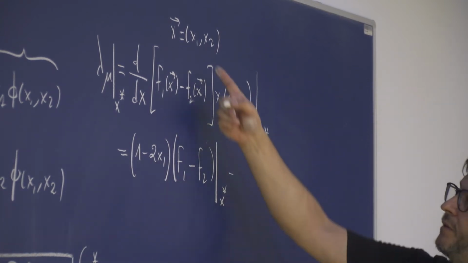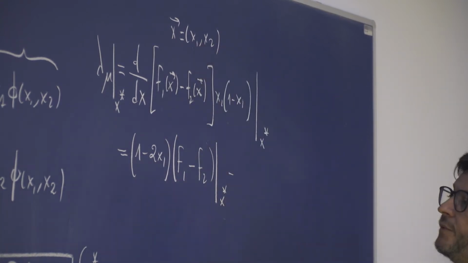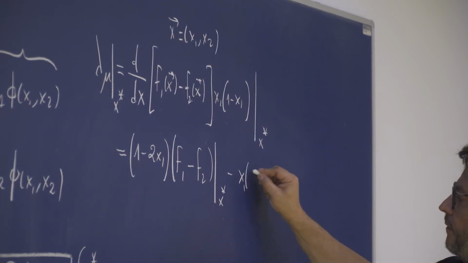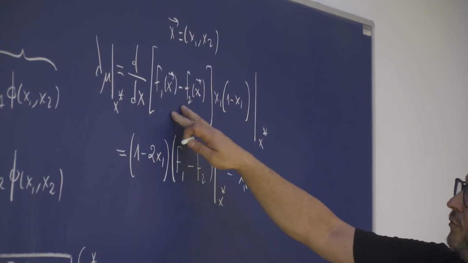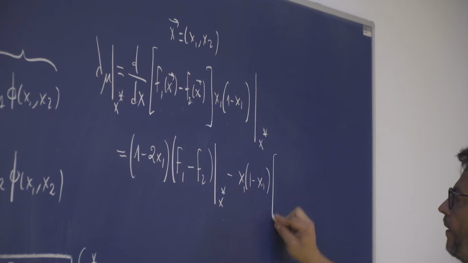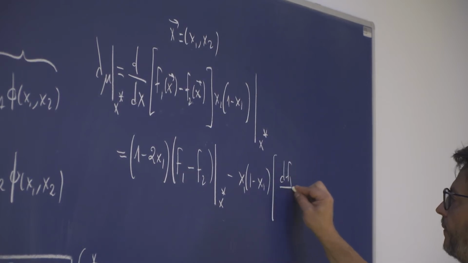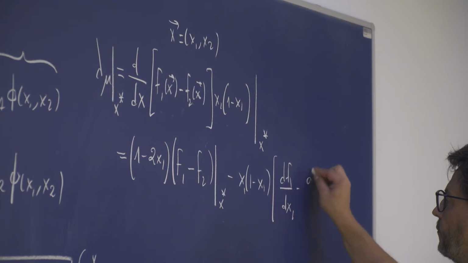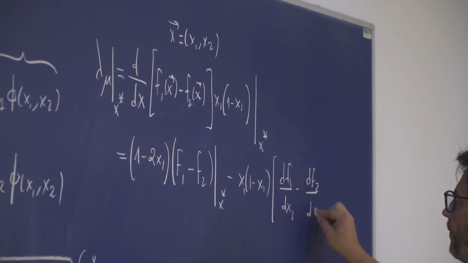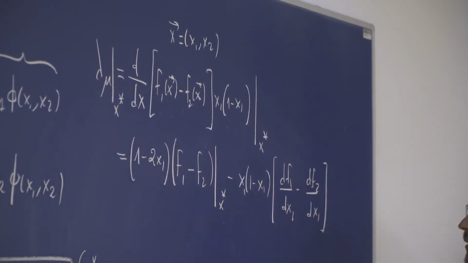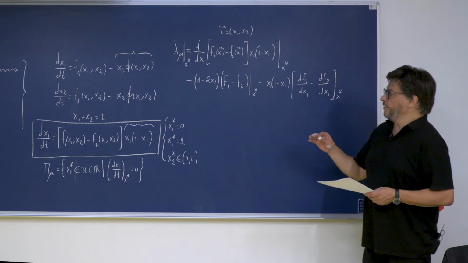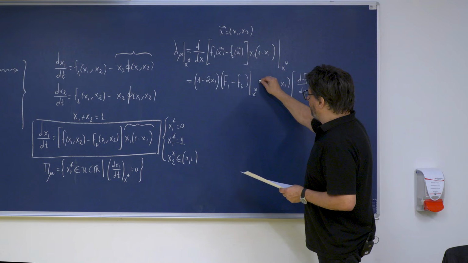For x star, I mean x1 star, x2 star, right? Then I take this and I do the derivative of this, meaning that I have this minus this, okay? Again, evaluated at the fixed point. So that's what we have. Sorry, this is a plus.